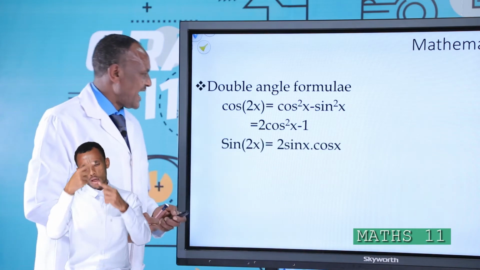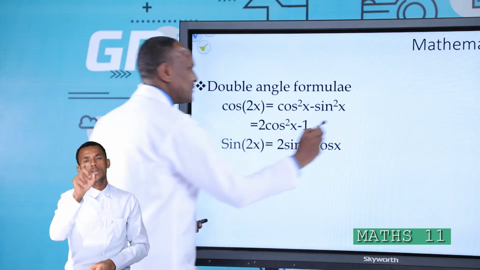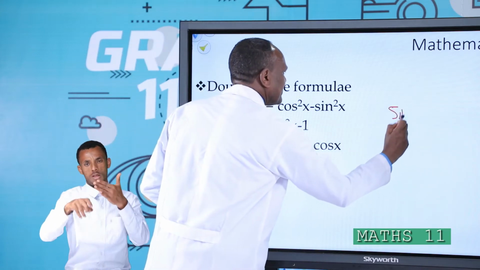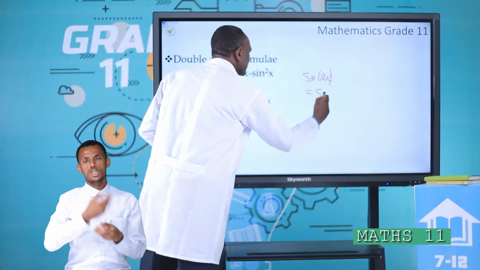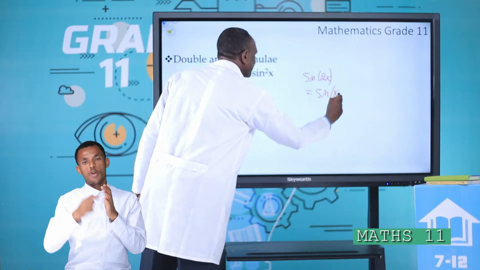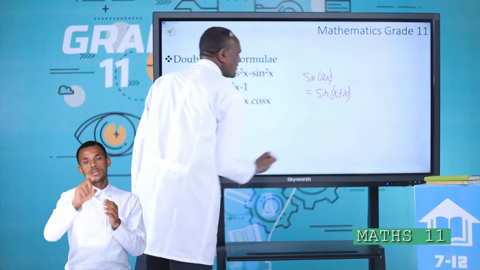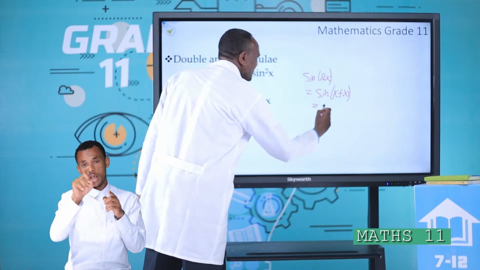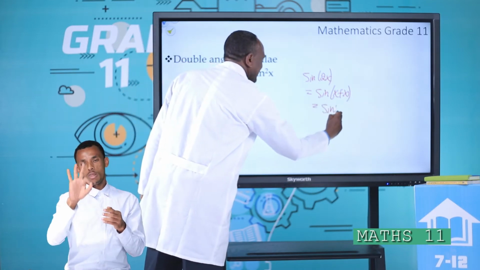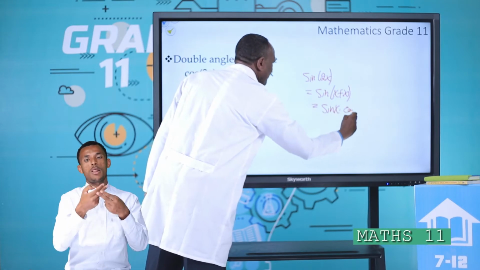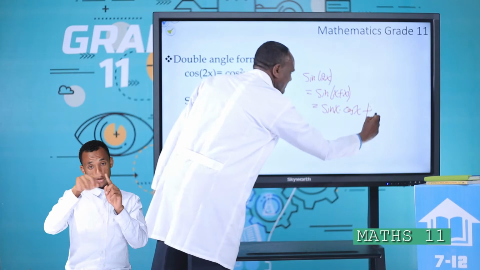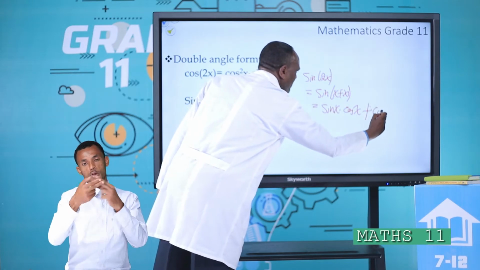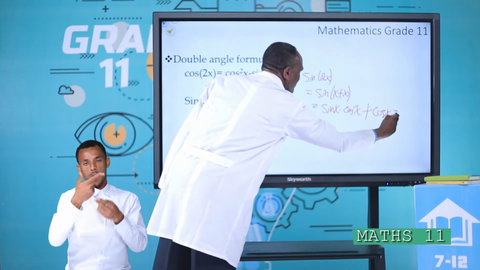When you are coming to sine 2x, sine 2x also gives a result. We have the sum of two angles, sine of x plus x, where x and y are equal. So what do you have? You will have sine x multiplied by cosine of x. Since the operation is plus, you will have plus the reverse, cosine of x multiplied by sine of x.